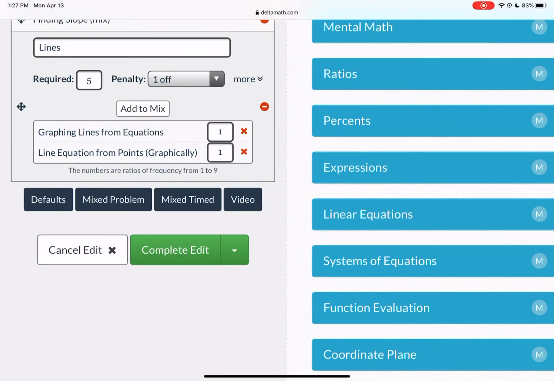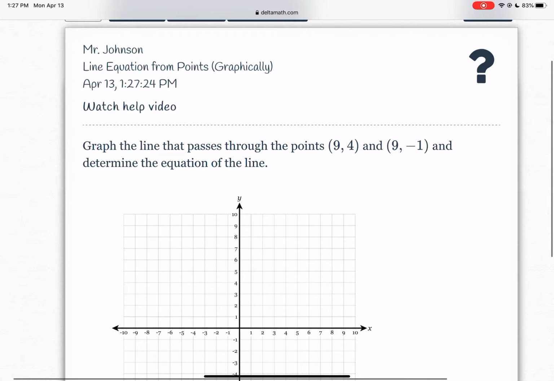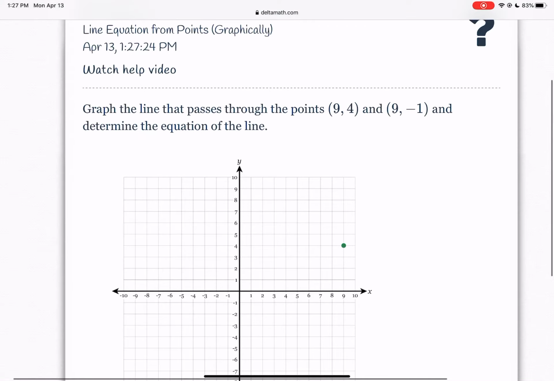Okay, the second type, it gives us 2 points, and then we need to find the line. So the first point, 9, 4, is there, and then the next one is 9, -1, which ends up giving me this vertical line.